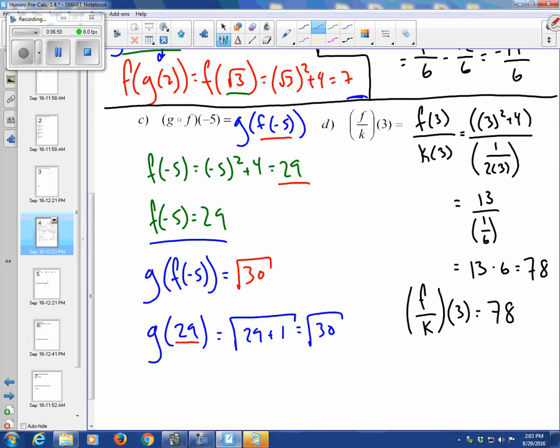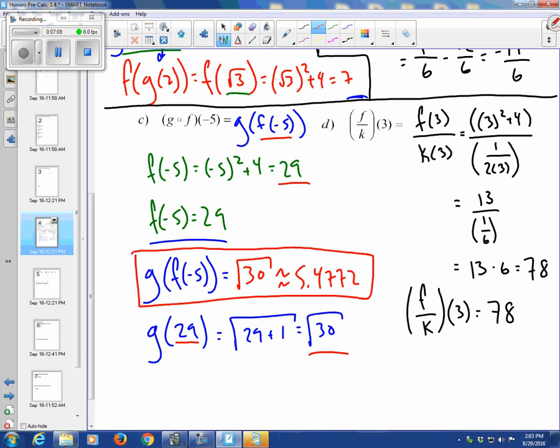So right here, that gave me g of 29, and g of 29 was the square root of 29 plus 1, or the square root of 30, which turns out to be approximately 5.4772.